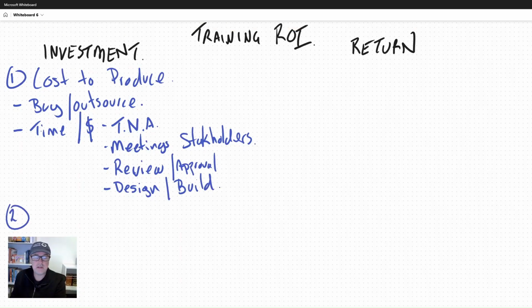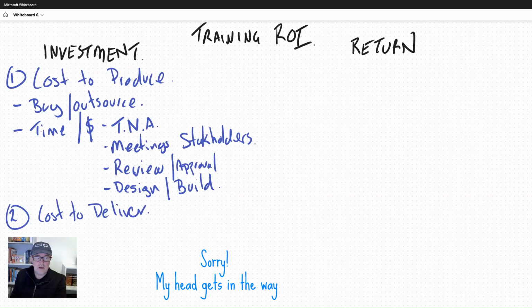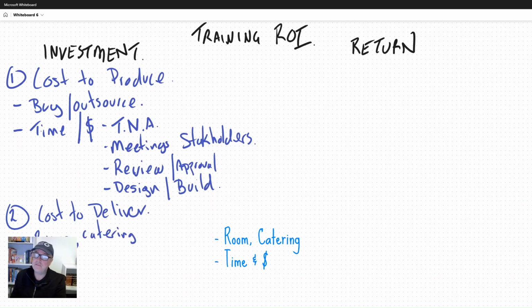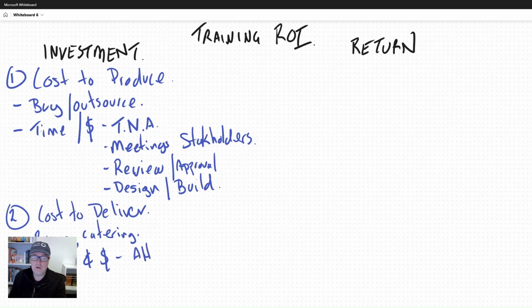And then the second investment into your training is the cost to deliver. Possibly, if you need to go external, there's some room costs, bookings. Those of us lucky enough to still have catering involved in training, there may be some additional costs. The main cost to deliver the training will again be the time and the salaries, the money involved for the attendees, people in the room.